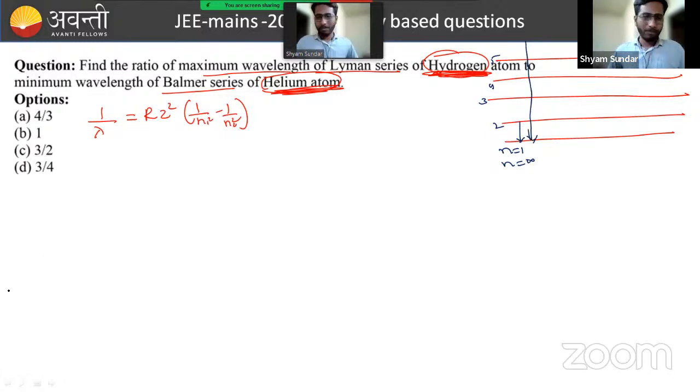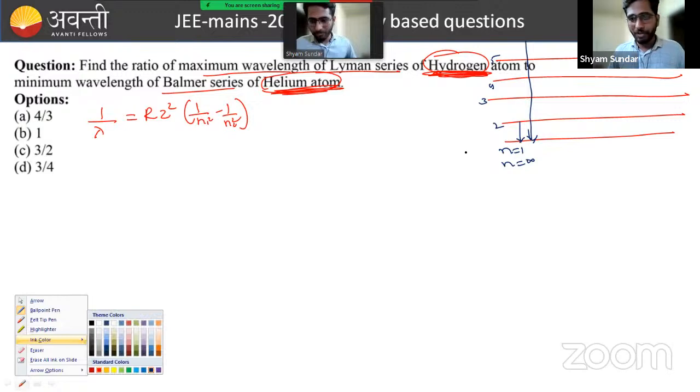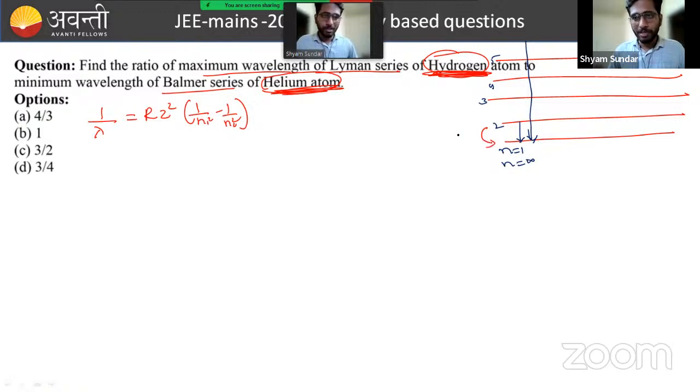In these two lines, when the electron jumps from 2 to 1, the lambda value is highest. The smaller the energy gap, the greater the lambda. If the energy is greater, the lambda value will be lesser.